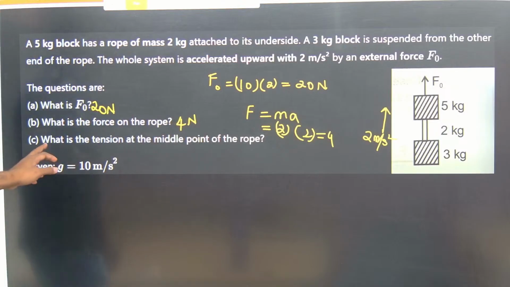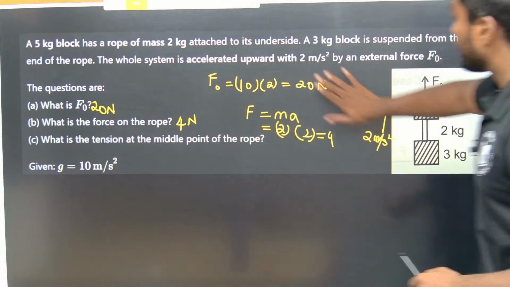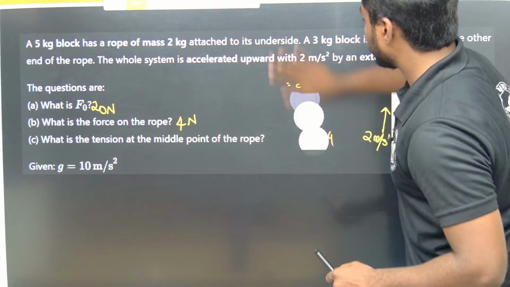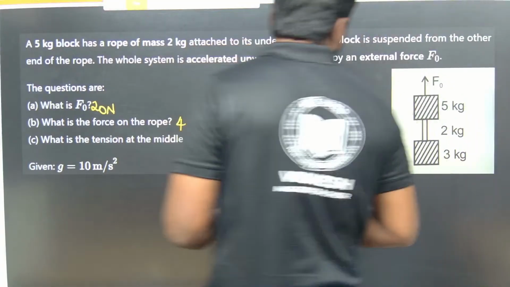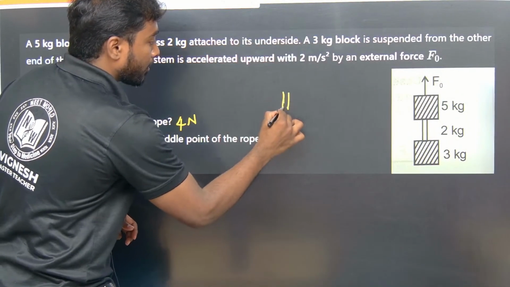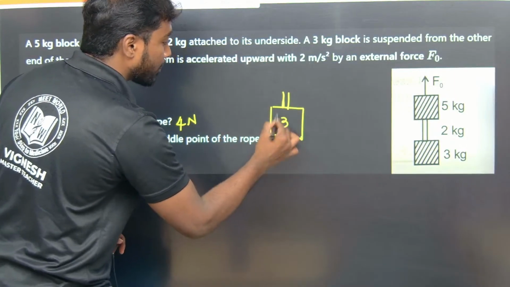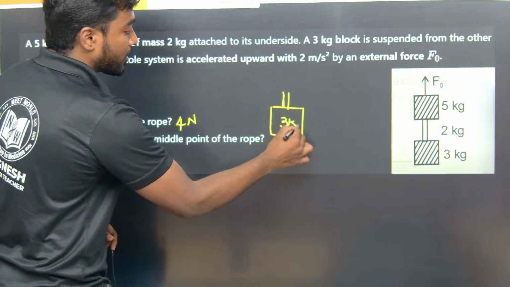Okay. Now, what is the tension they are asking? So, let me take a point here. This is my half of the rope and this is the 3 kg block.